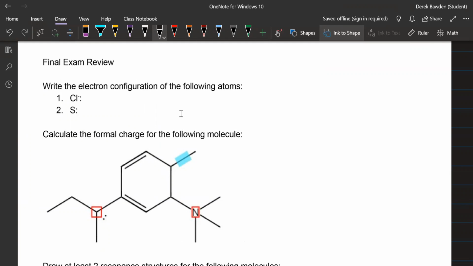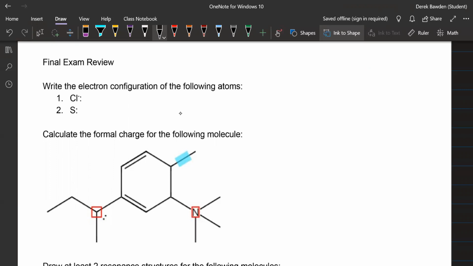So what is the atomic number of chlorine? 17. So what column is chlorine in? There's a total of 8 columns that we focus on. Does anybody remember? Perfect. Yep. It's in the 7th column. That means that we have 7 valence electrons or 17 total electrons. Okay, so that's a number to focus on.